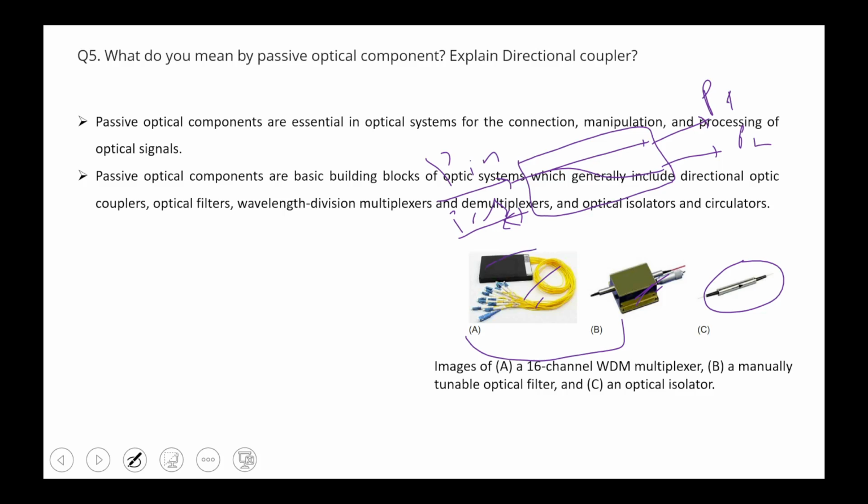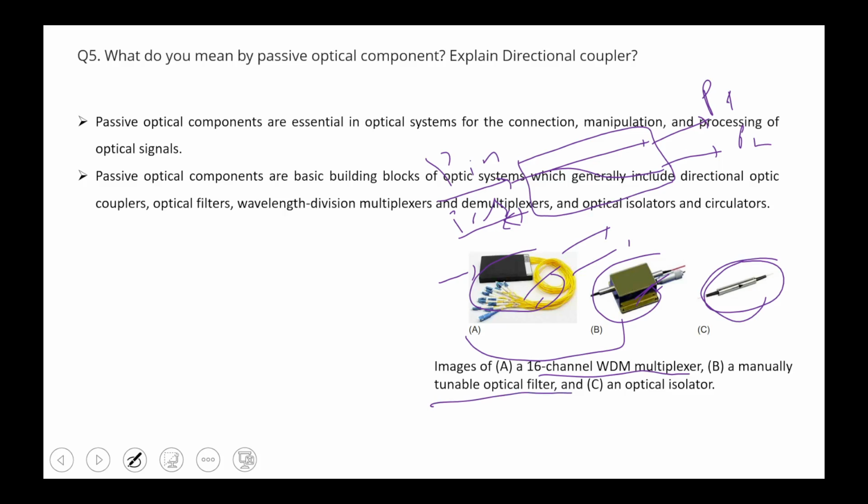This is the wavelength division multiplexer, a 16-channel WDM. There is one input and this will be divided into 16 outputs. This is the optical filter and this is the optical isolator. This is a manually tunable optical filter, not a fiber Bragg grating.